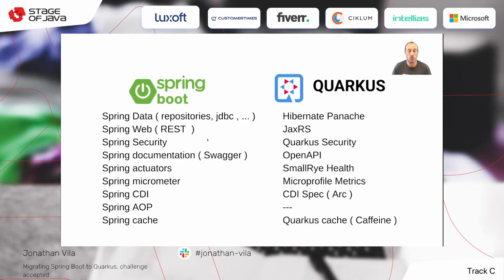There is no such thing as aspect-oriented programming in Quarkus, because Quarkus doesn't look at AOP as a real need that can produce a good fit for the Quarkus application. So we don't have AOP.